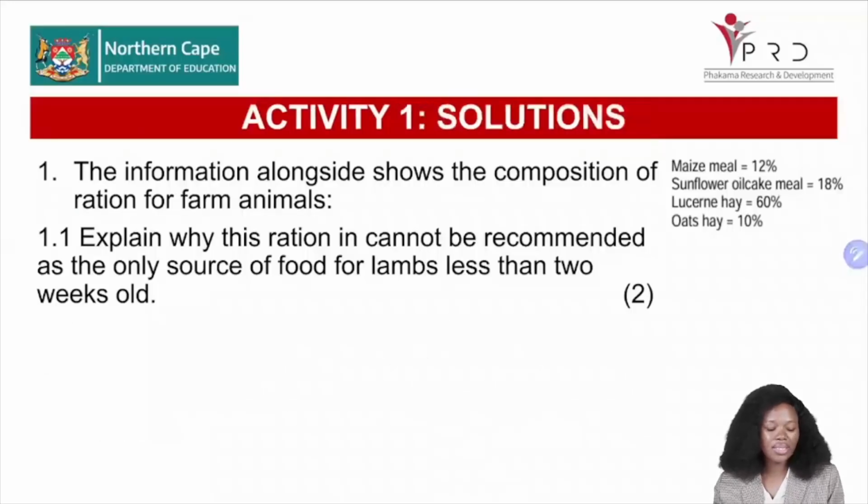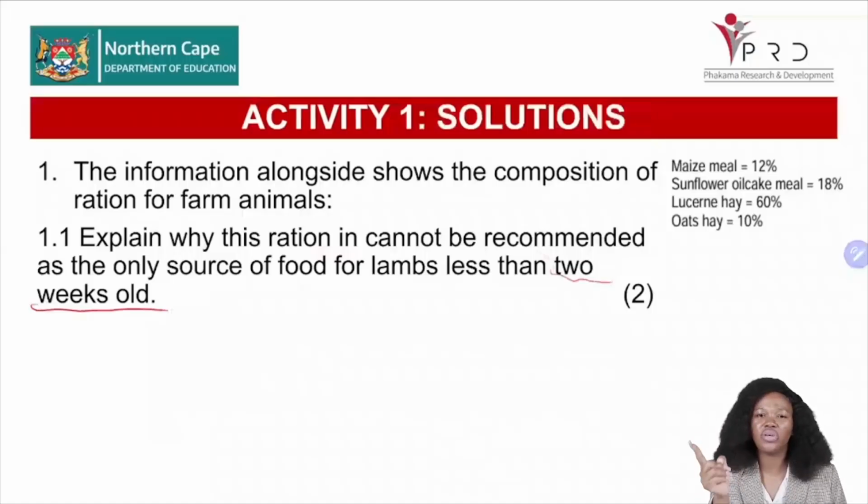Now the question says, explain why this ration cannot be recommended as the only source of food for lambs less than 2 weeks, meaning these lambs are still suckling milk. You need to understand that when it comes to ruminants that are still suckling milk, there is only one compartment that is functioning, and that is the abomasum, which secretes the gastric juices.